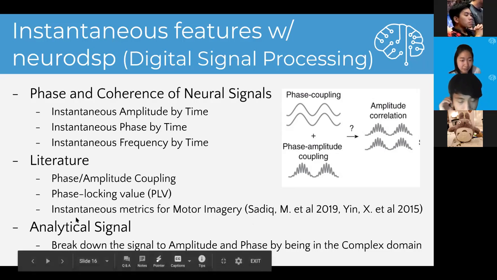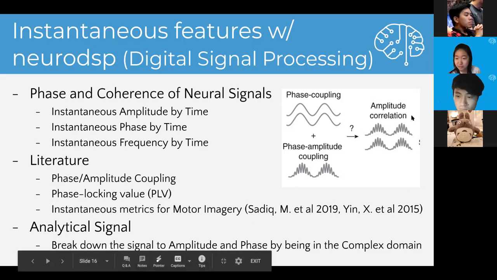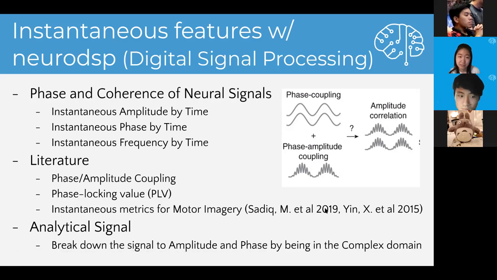The analytical signal is a breakdown of the signal into amplitude and phase. This is done by getting the complex version of the signal using the Hilbert transform. You know how the complex domain is perpendicular to the real domain?